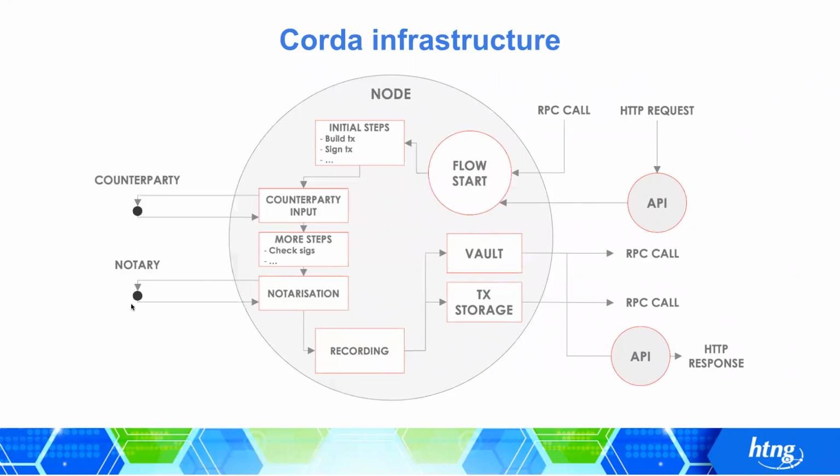Also, we can see participants like the notary node. It's some kind of system node which provides some system operations inside the network, like a double spend protection mechanism or additional verification and transaction validation and other stuff inside the network. How to interact with the infrastructure with your solution?